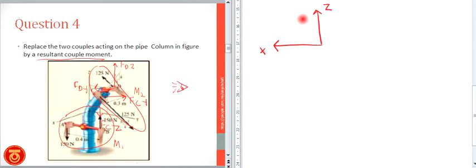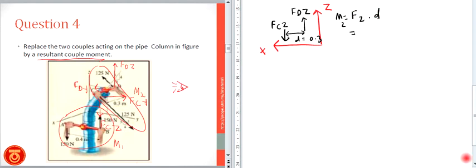You will get FDZ and another one is FCZ. The distance D here equals 0.3. So the moment Mz equals Fz dot D.